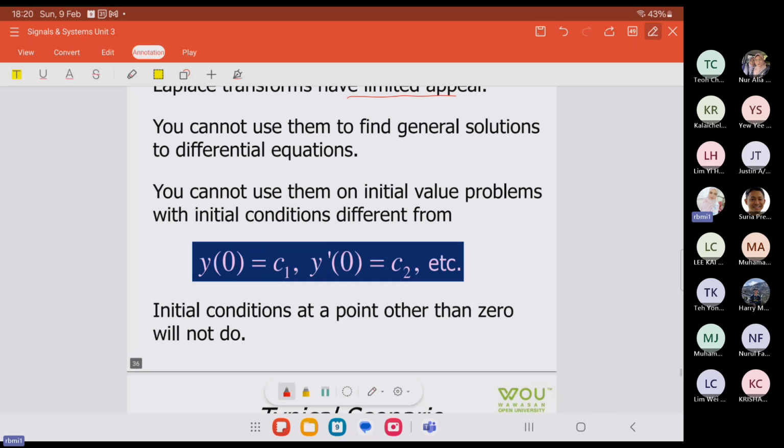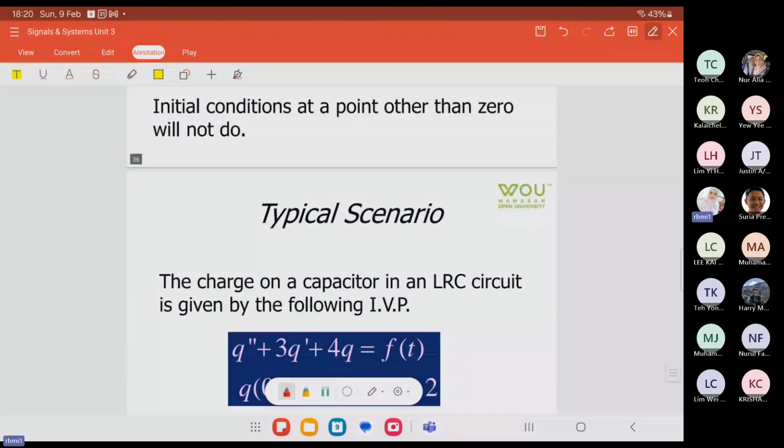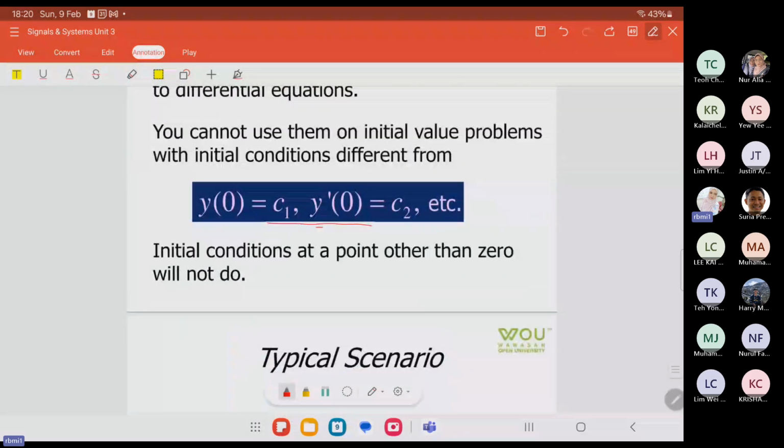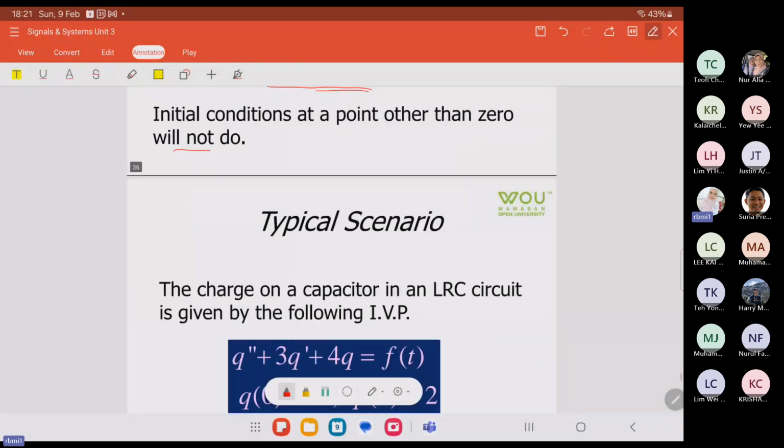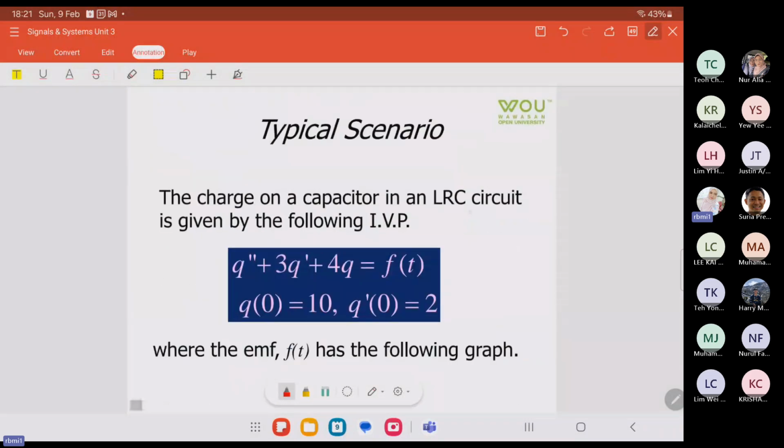Other than that, the initial conditions at a point other than 0 will not do. So we must have the value of the initial conditions at 0. Like I mentioned, the RLC, L is for inductor, R is for resistor, C is capacitor circuit.